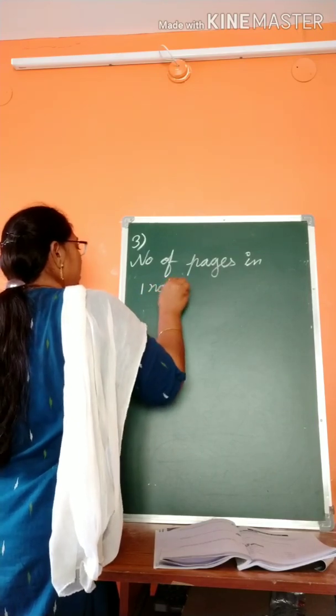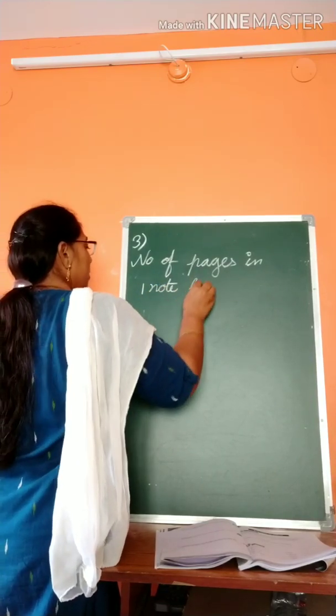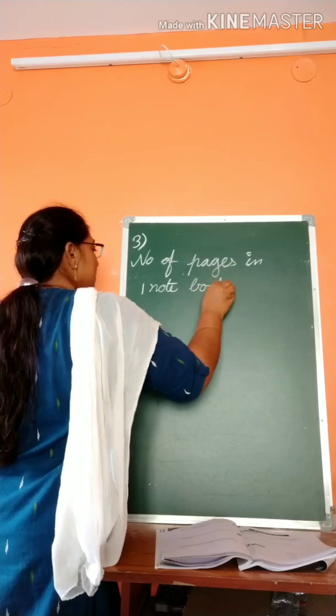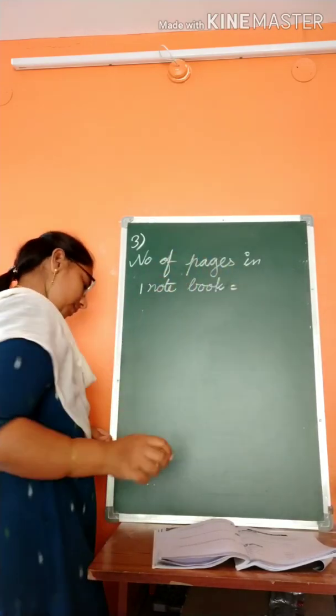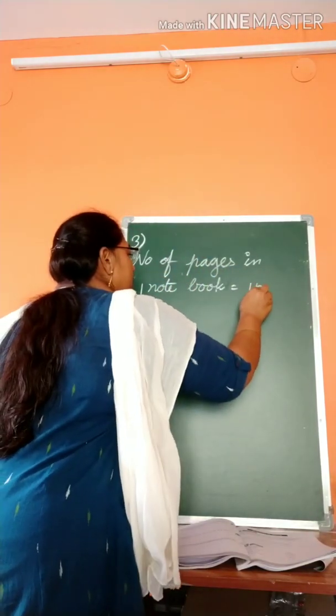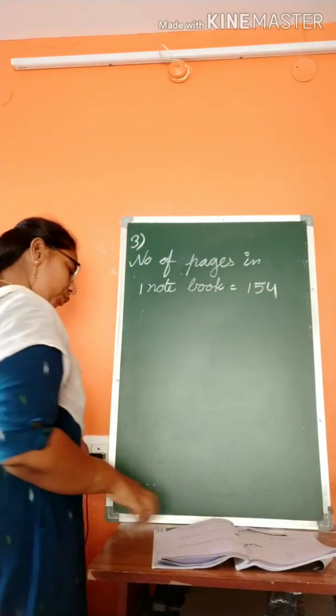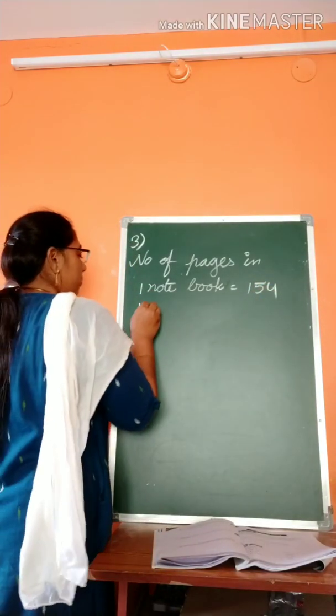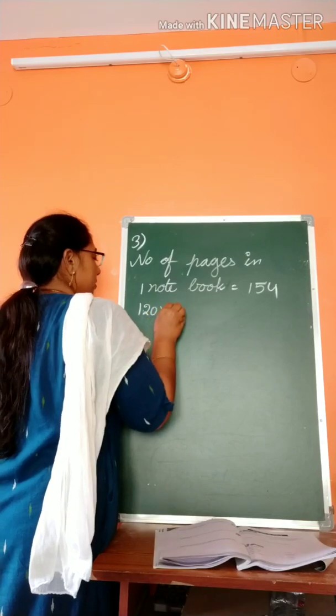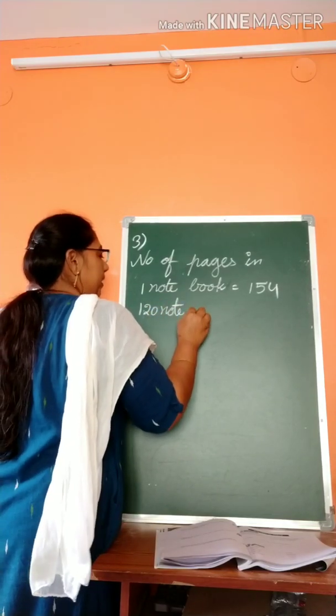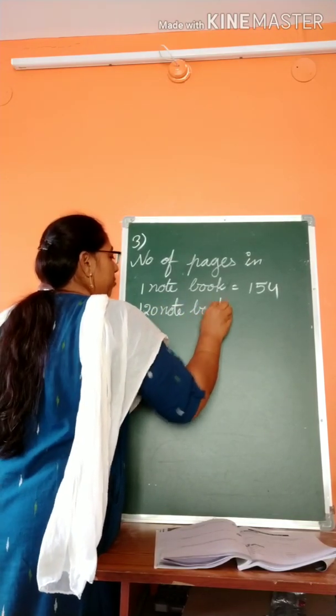How many pages are there in one notebook? It is 154. Now how many notebooks do we need? We need 120 notebooks. So the number of pages in 120 notebooks, we have to find it out.